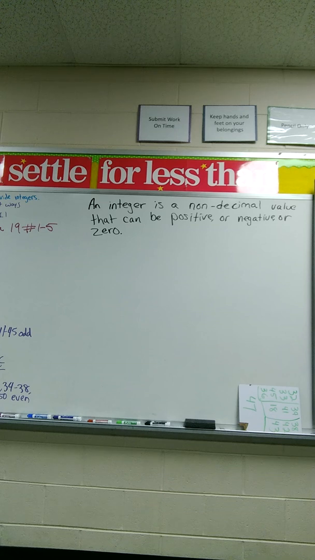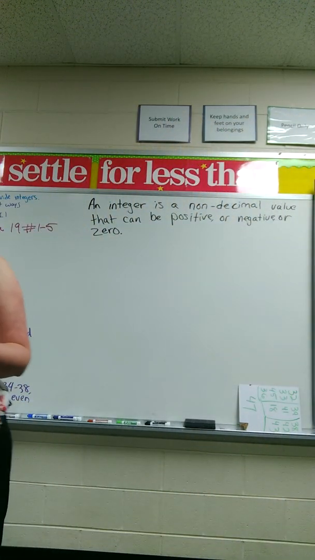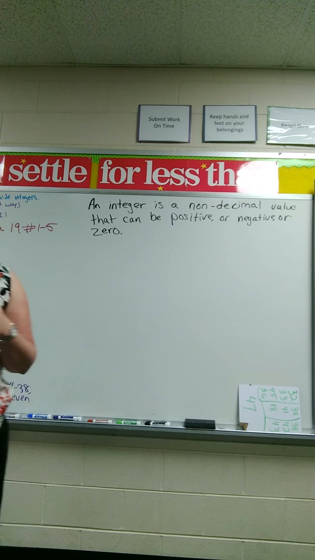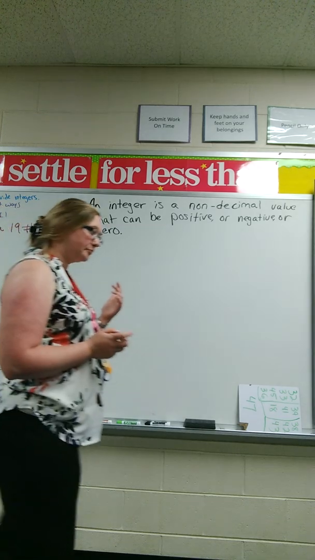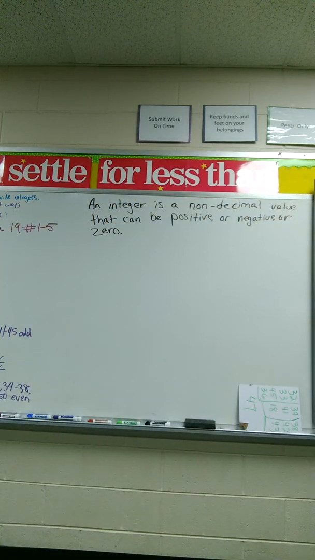Everything will either be a whole number that's positive, or its negative counterpart, or it will be zero. Now, integers can be graphed. And that's what example 1 talks about.